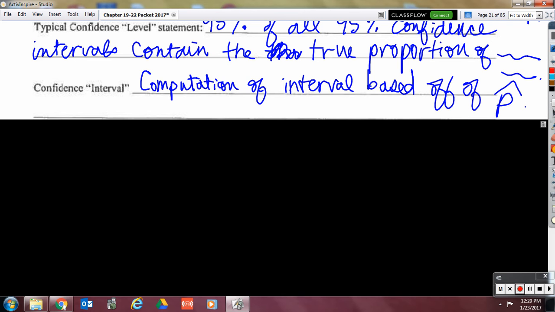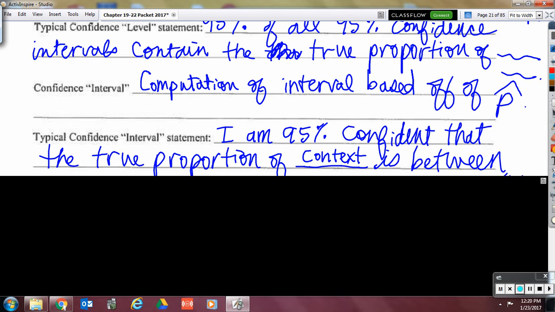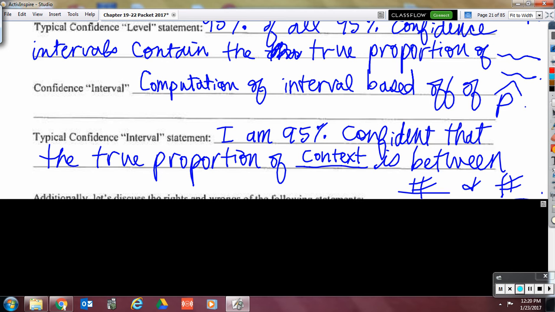We say, for example, I am 95% confident that the true proportion of whatever the context is, water on the globe, that's what we did last week, is between this number and this number, this percent and this percent.